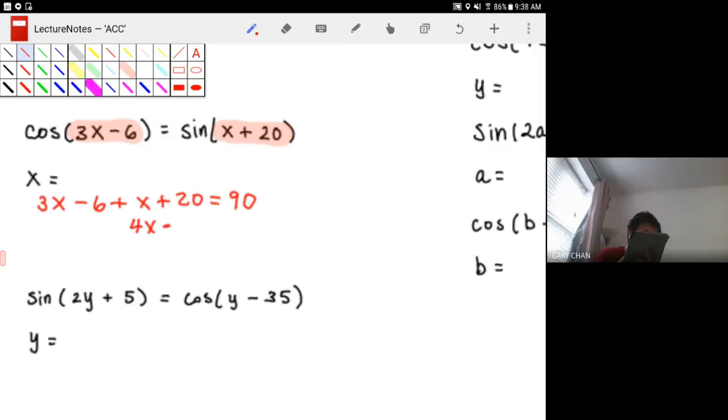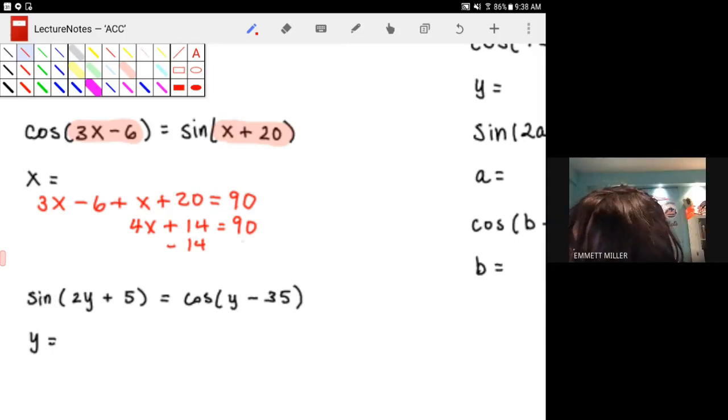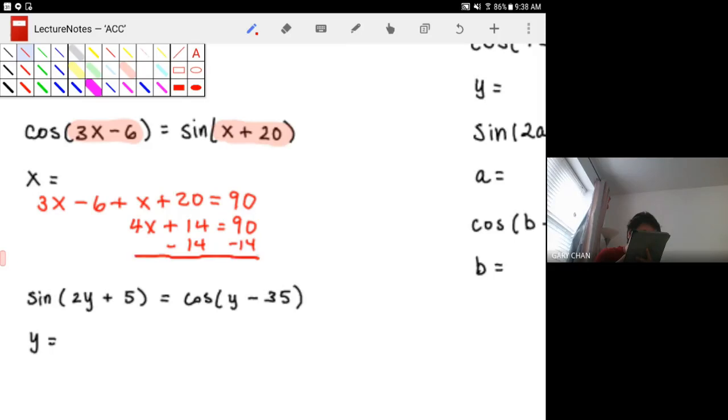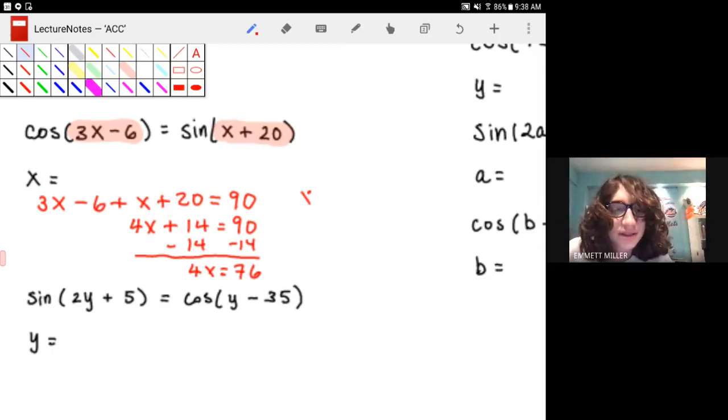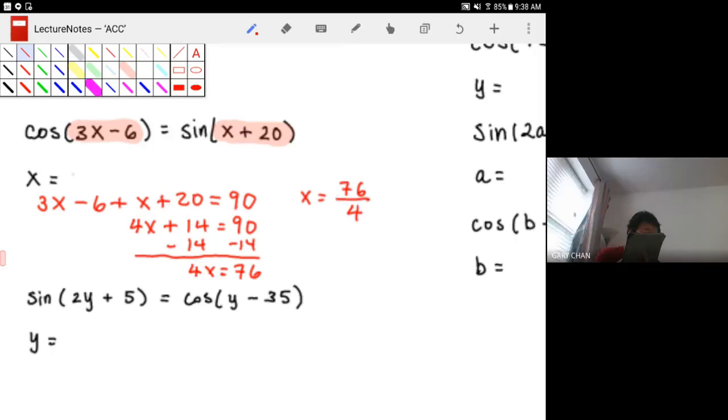Then we subtract both sides by 14, which gives 76. We end up with 4x is equal to 76. Then divide both sides by 4, and we get 19. So x is equal to 19.